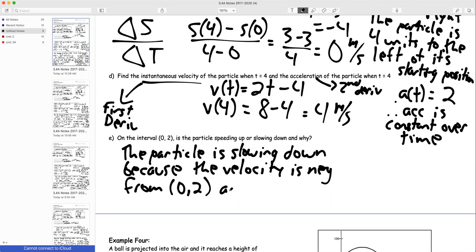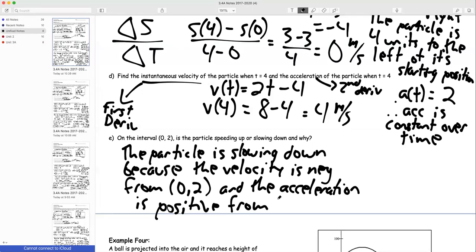And the acceleration is positive from 0 to 2.